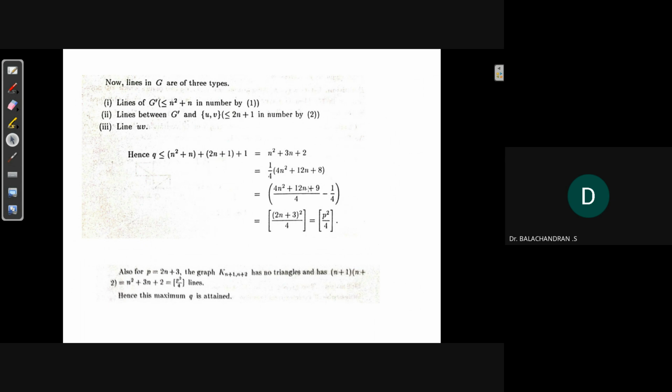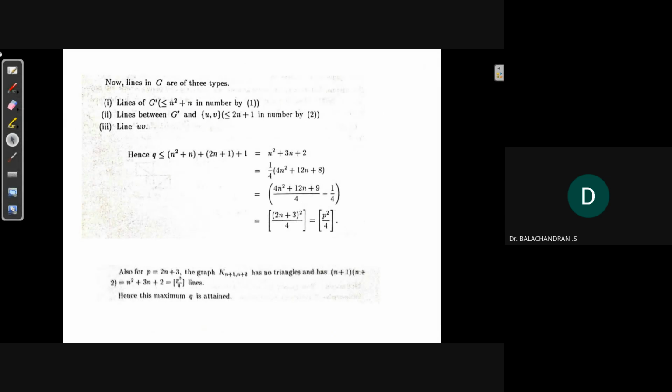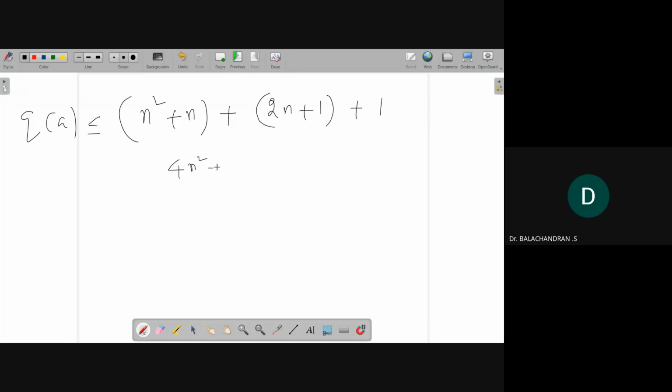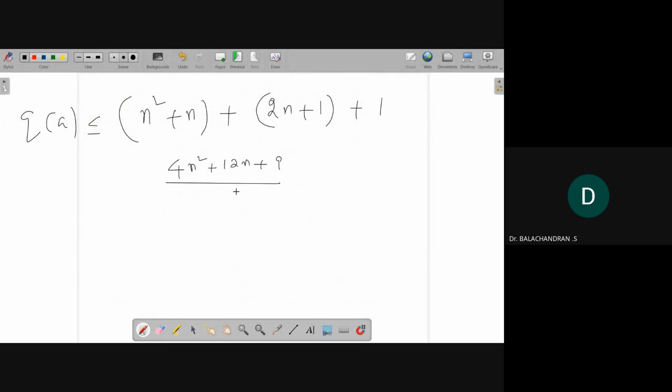Now, what is here? I'll write this one: 4n square plus 12n plus 9 by 4 minus 1 by 4.